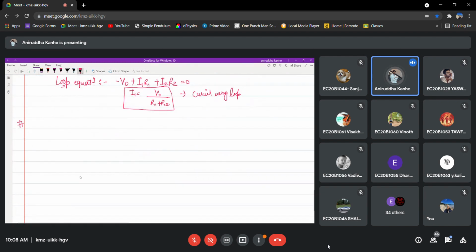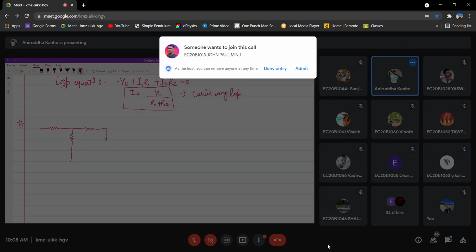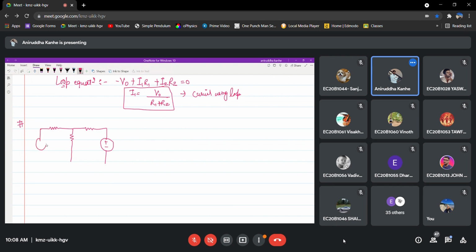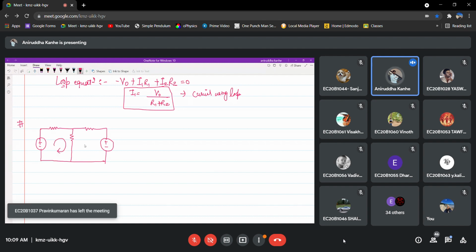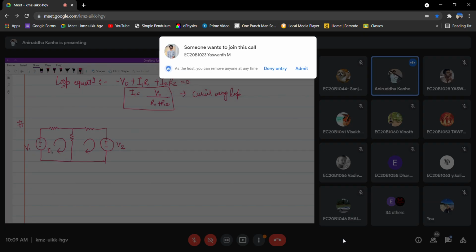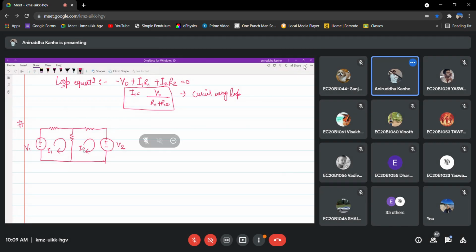Now this is one loop, so you cannot appreciate too much in this. Let us consider two loops together. Some direction of current you can always take if it is not mentioned. Again, let us say this is V1, that's V2. This is I1, that's I2.